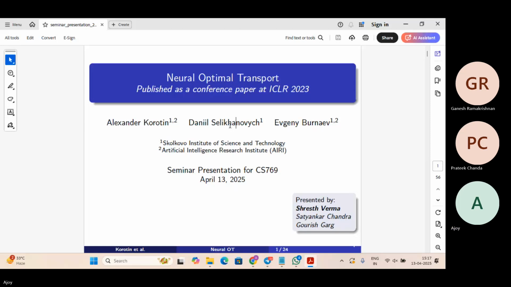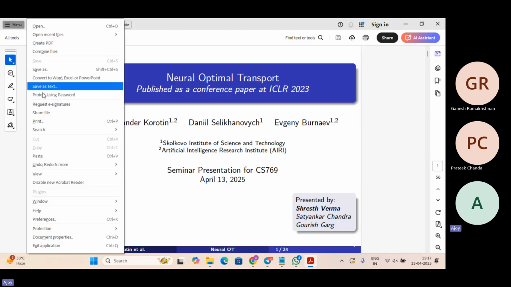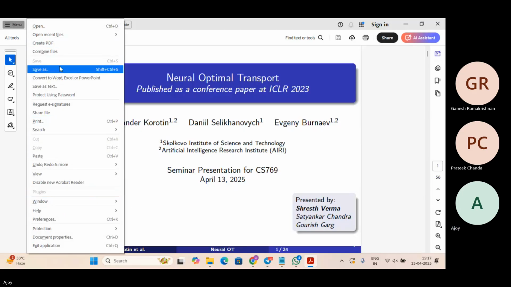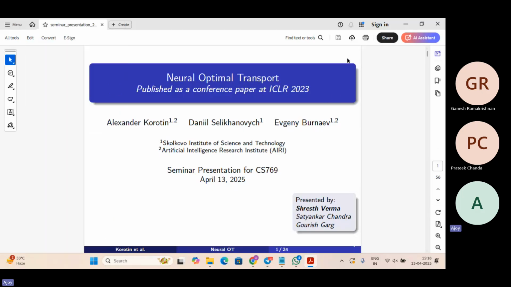So, yeah sir, because maybe we can open the PDF in Chrome.